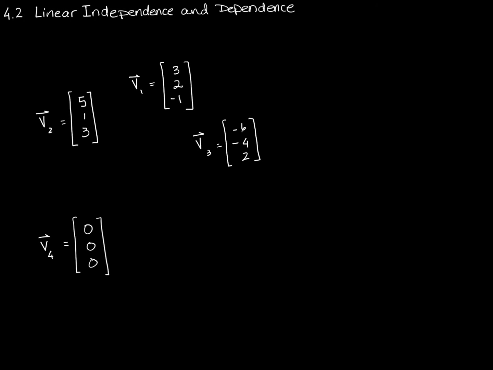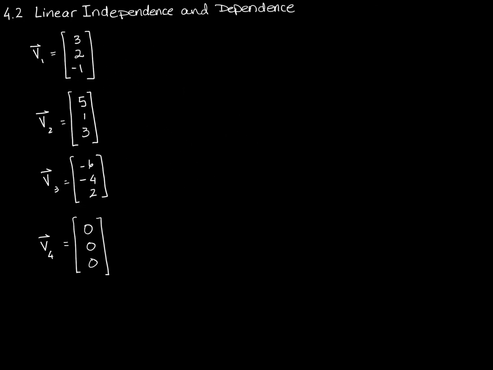That's kind of how we define linear dependence in R2, and it applies here as well. So you don't actually have to do anything here. You can see that one of these two vectors is -2 times the other, right? So this set of vectors would be linearly dependent.